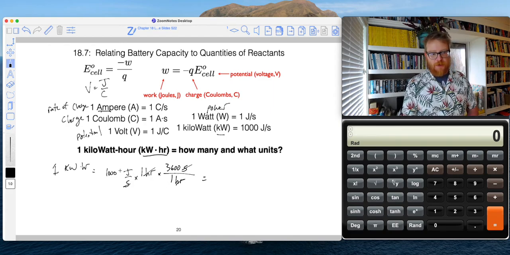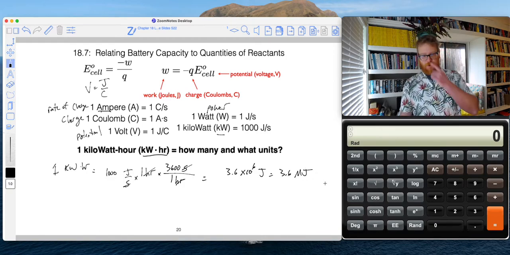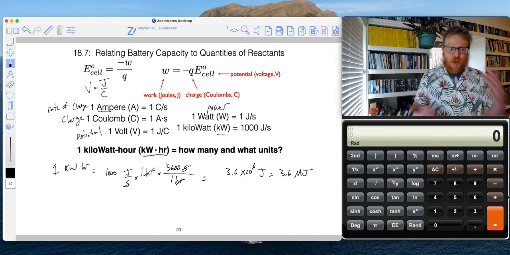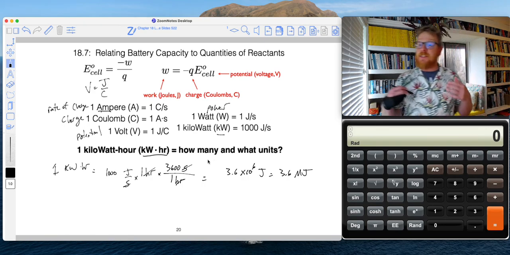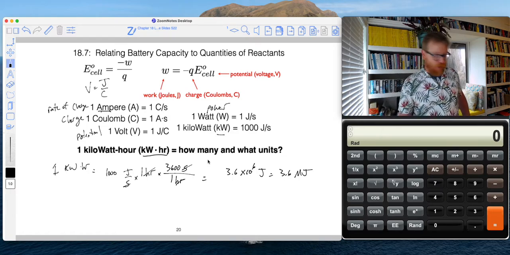And when you multiply 3,600 by 1,000, that gives us 3.6 times 10 to the 6 joules, which is the same as 3.6 megajoules. So the kilowatt hour is a unit of energy. It's how much energy you use.